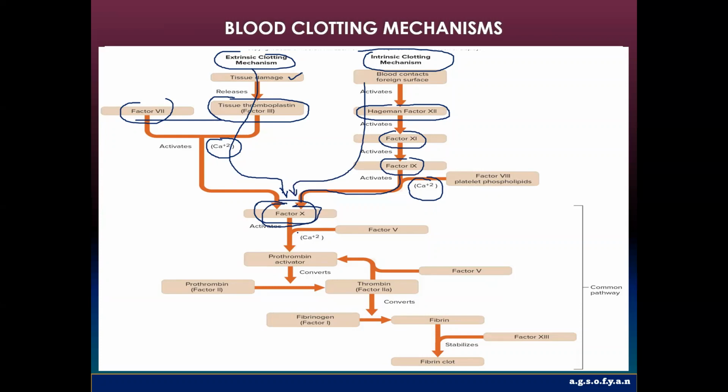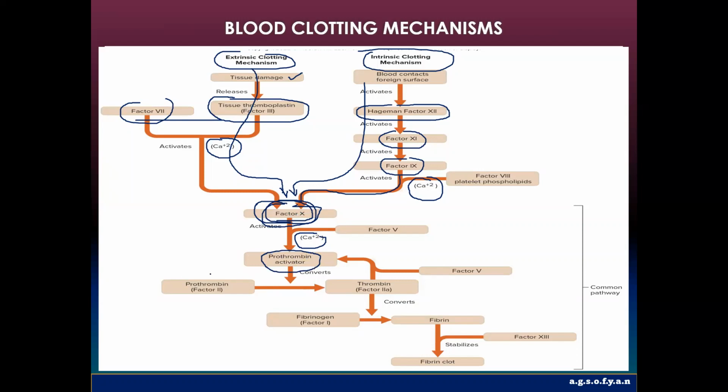Now, for the extrinsic and intrinsic mechanism, starting from factor number 10, the process will be the same, which is we need calcium to activate this factor 10 to activate the prothrombin.